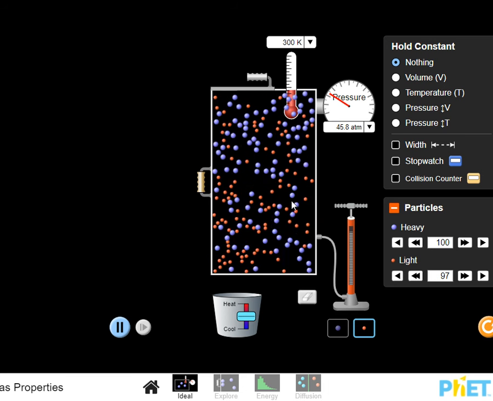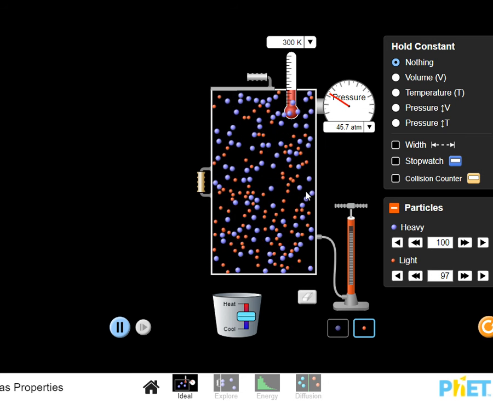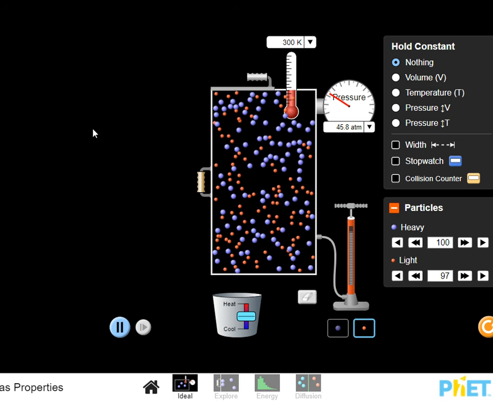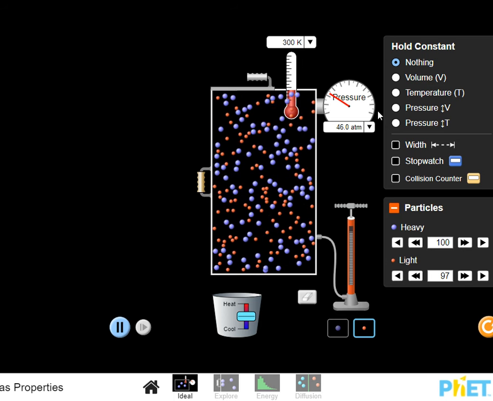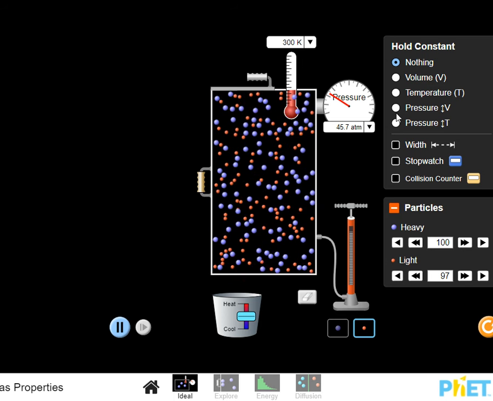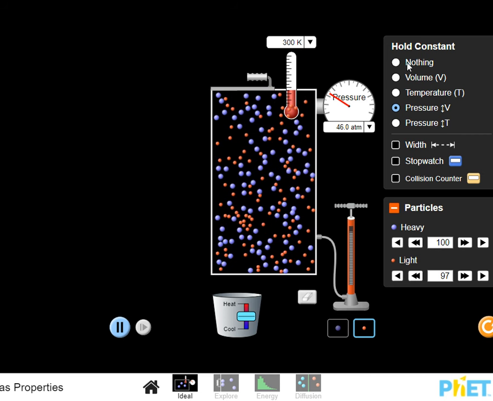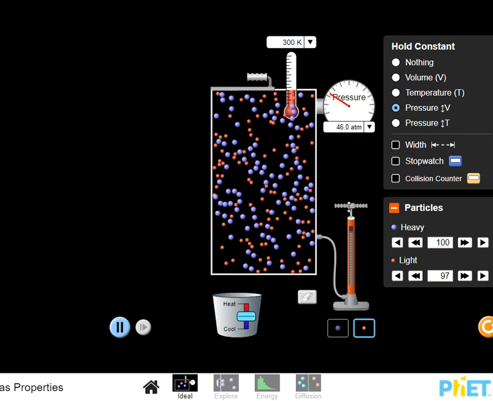I want to kind of really take that into consideration. And notice that on the side here, our hold constant has changed. So let's kind of explore the Avogadro's number. And let's hold pressure constant and see what happens as we add.